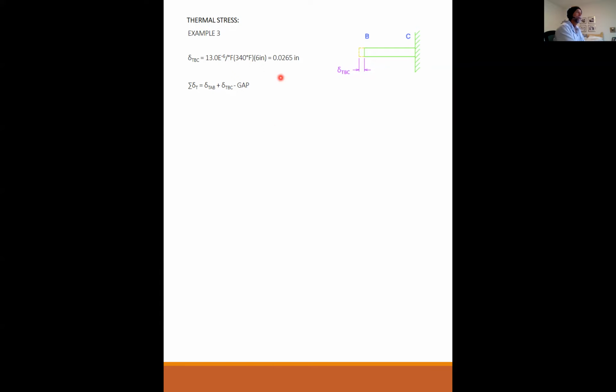We take the gap out because the gap allows it to grow freely, unrestrained. So that's how we solve this. It is the total expansion of AB plus the total expansion of BC minus the gap between the two. That gives me 0.384 plus 0.265 minus my 0.1 inches for a total restrained movement of 0.549. Okay, is everybody clear on that, or do I have any questions?